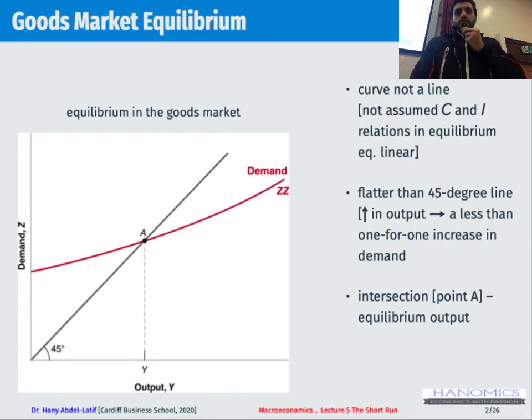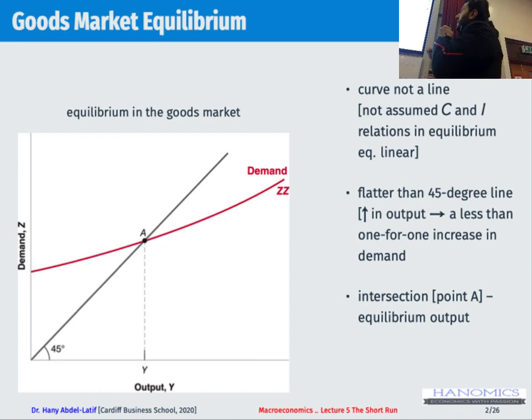The other thing you should notice is that this time we draw this as a curve, but it wouldn't really be different if you draw it as a straight line. So it's not going to make any difference.